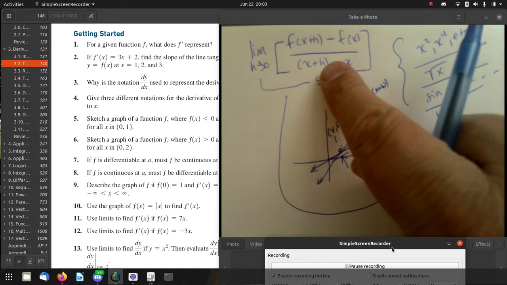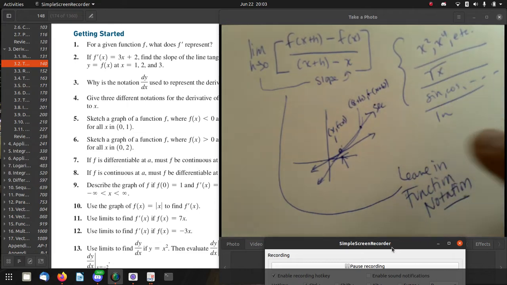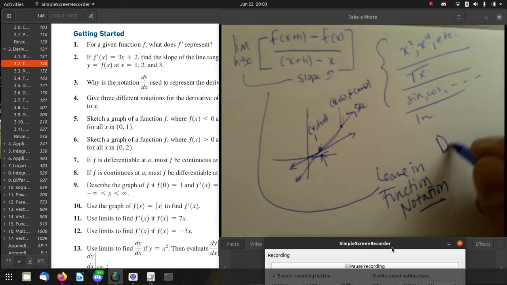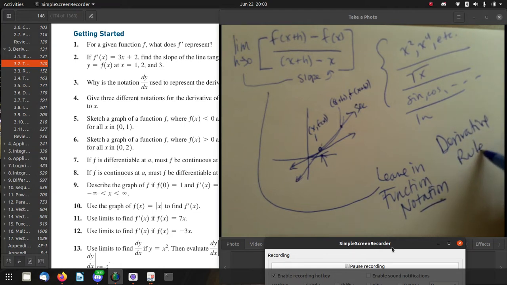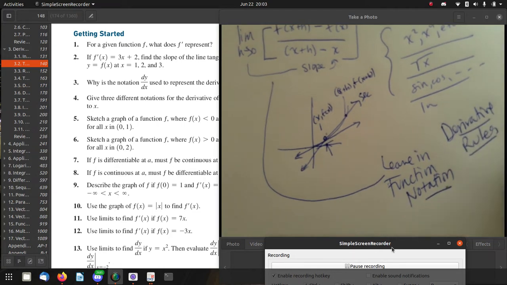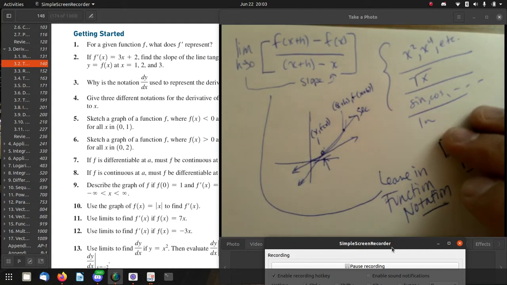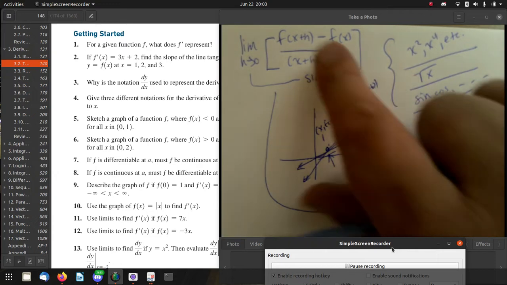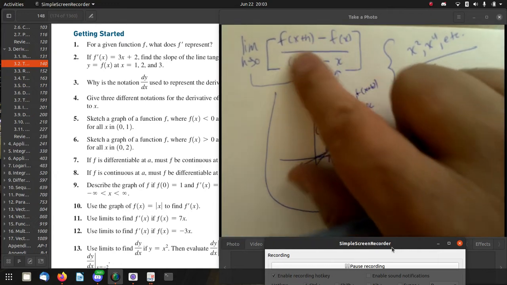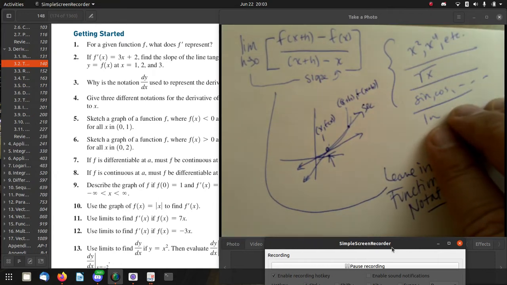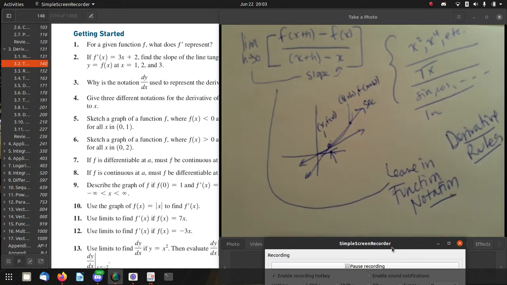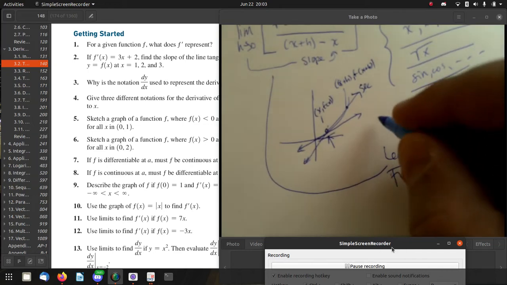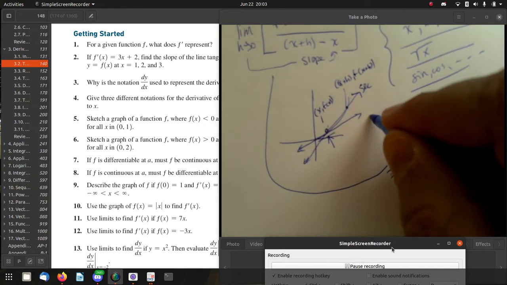By leaving it in function notation and applying it to these families of functions, we're going to develop what are called the derivative rules. Instead of putting each problem into this limit, you're going to use it with the parent functions to develop some new rules. We're also going to develop some fundamental arithmetic rules for derivatives.